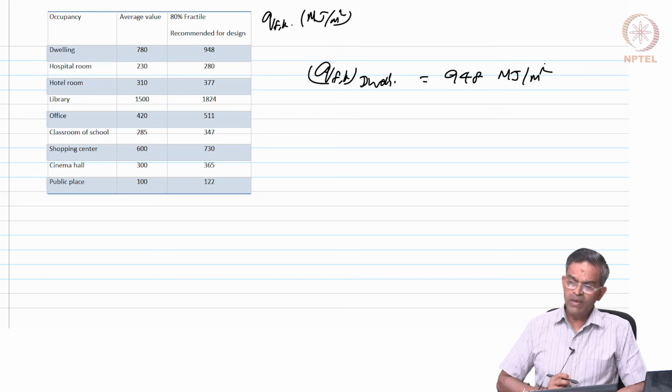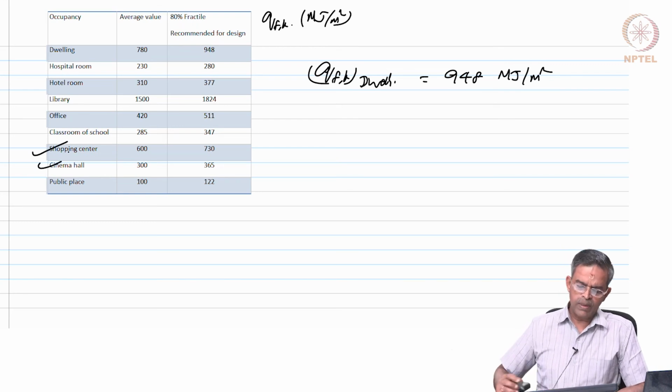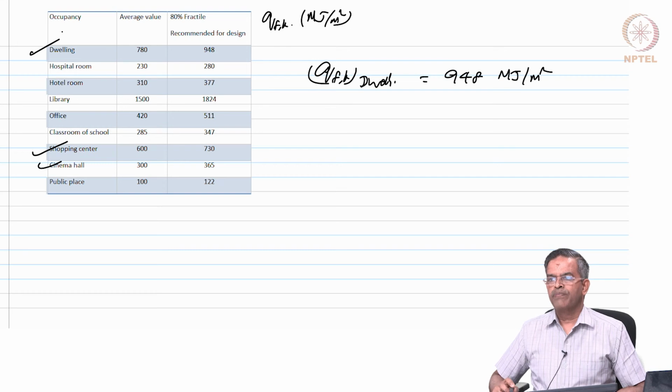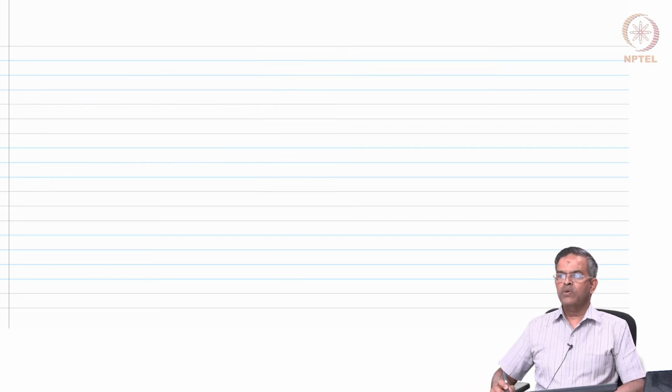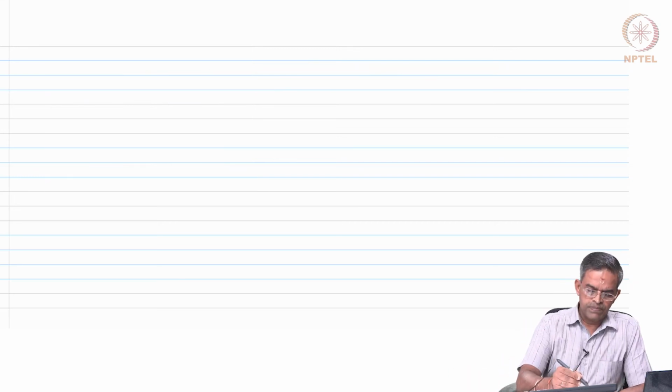It is available for different kinds of public spaces as well as private spaces, and is used for the design as a characteristic value. Now, with the help of these, one can compute the FLED.